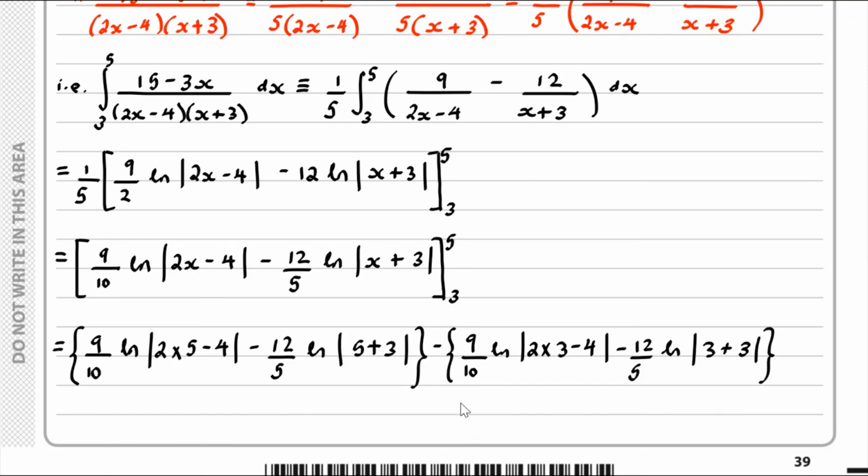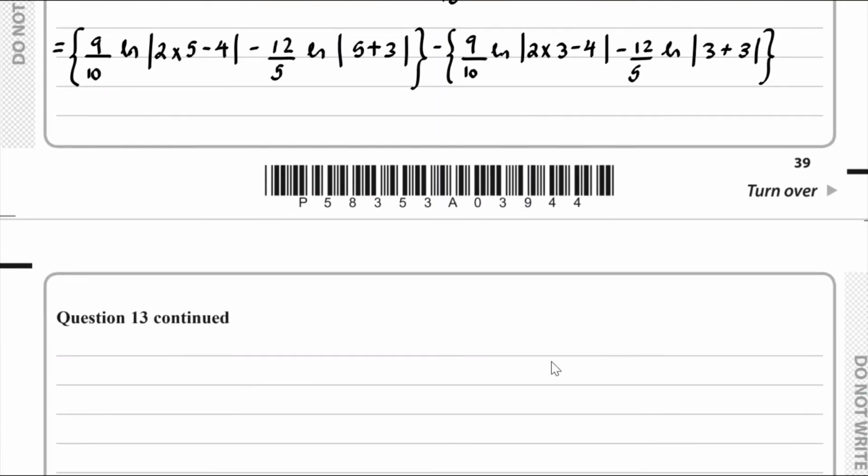Okay, so tidying all this up, for our upper limit we have 9 over 10 times the natural log of, well, here we have 10 minus 4, which is 6, and then we subtract off 12 over 5 times the natural log of 8, so that's our upper limit.